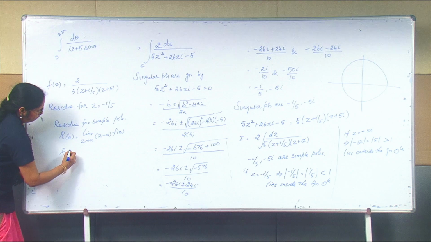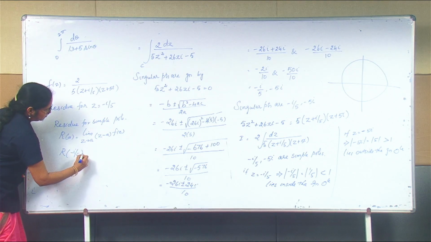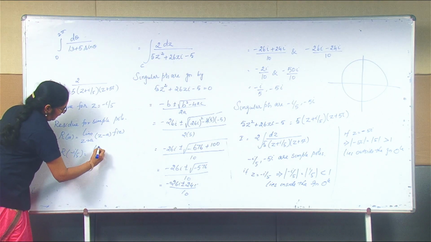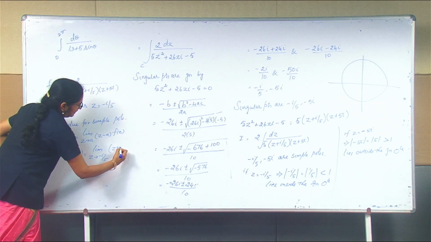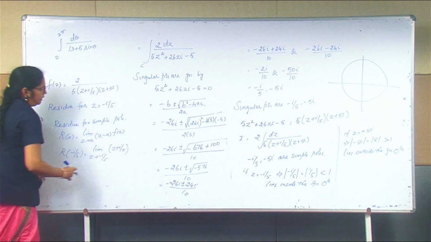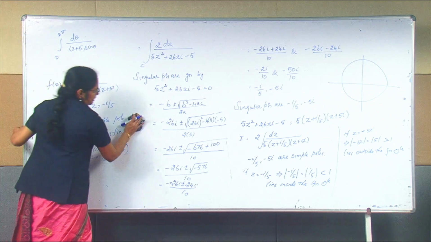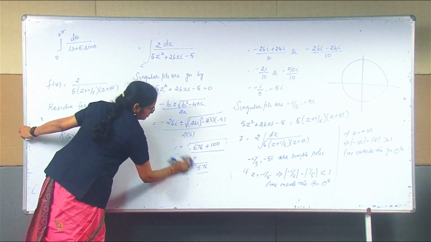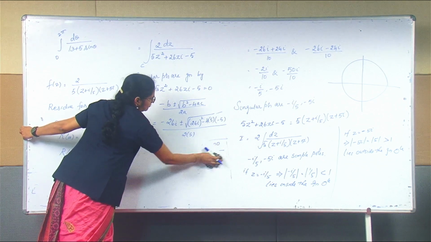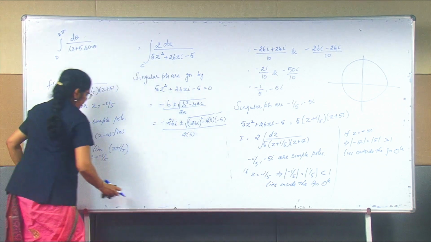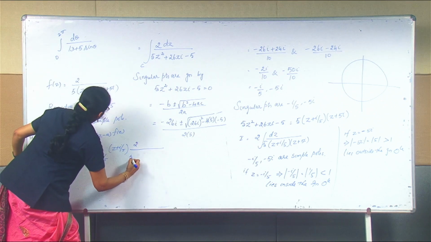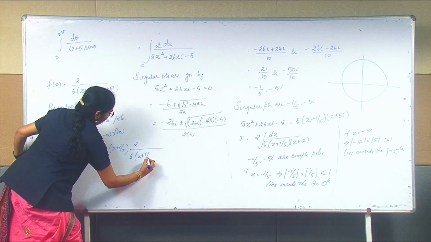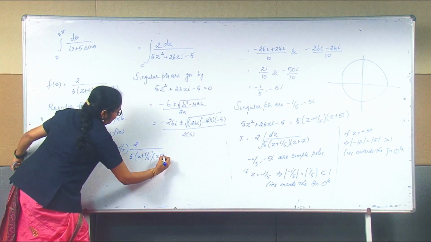So what is R of minus i by 5? Limit z tends to minus i by 5, so z plus i by 5 into f of z. This is our f of z. So f of z is 2 by 5 into z plus i by 5 into z plus 5i.